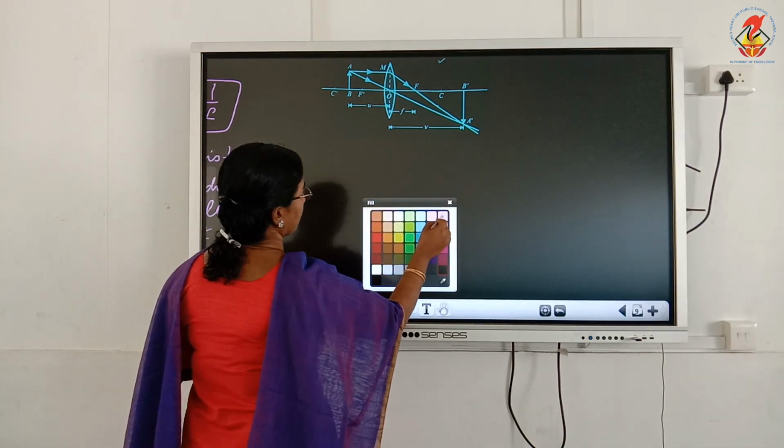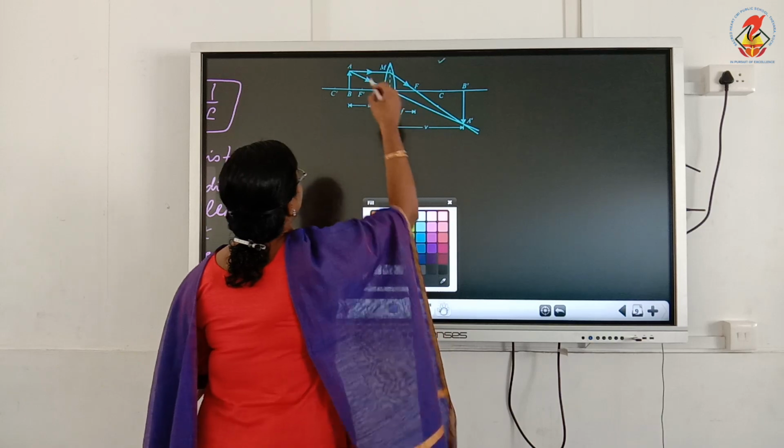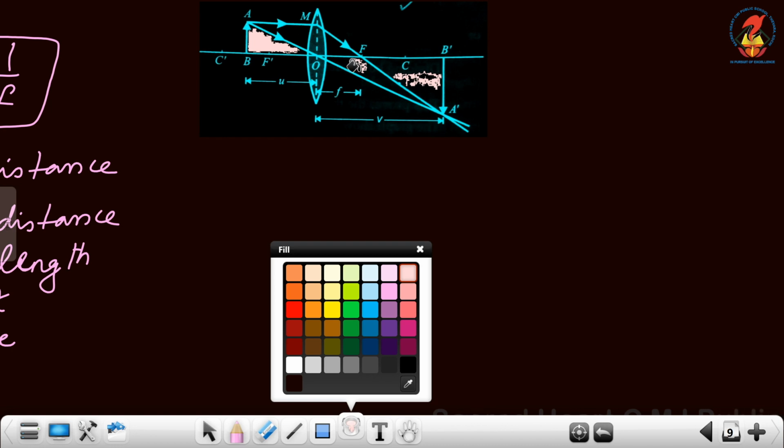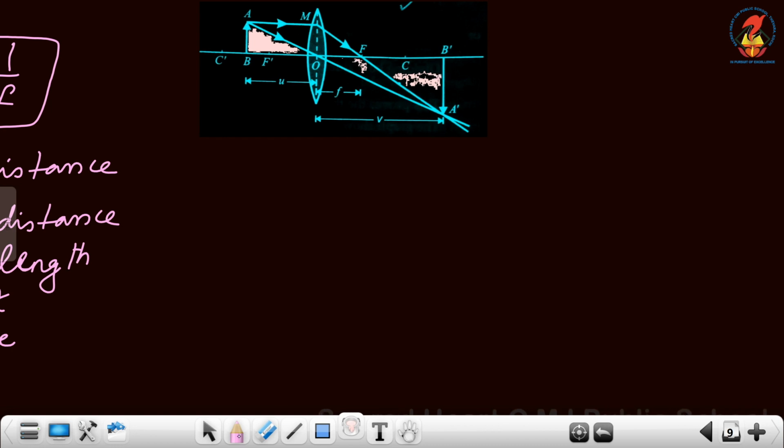Now the first set of similar triangles which we consider is triangle AOB and triangle A dash B dash O. We are considering triangle ABO and triangle A dash B dash O, and these two triangles are similar.